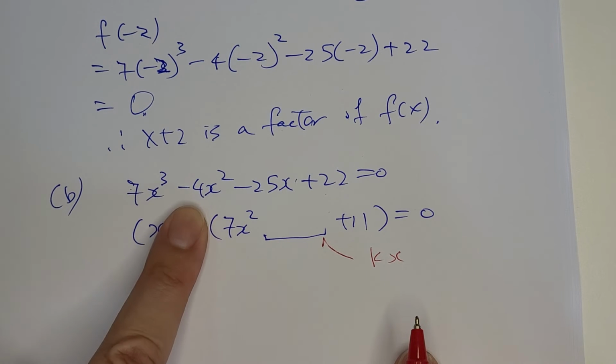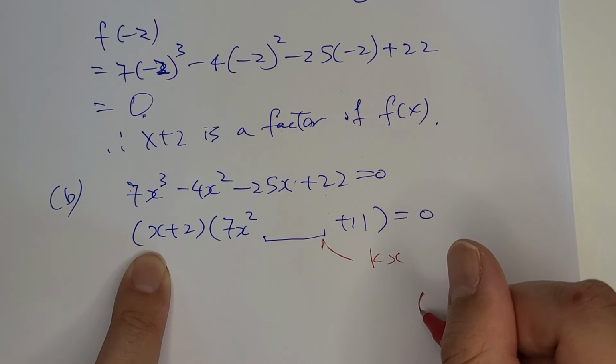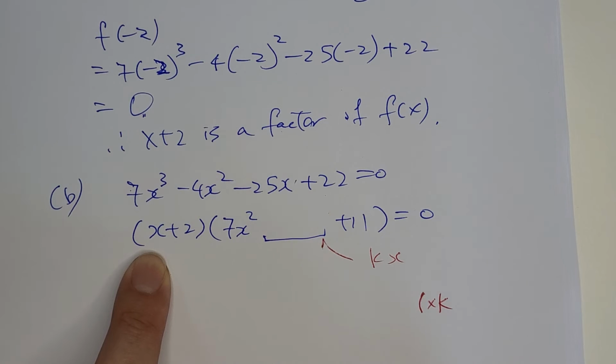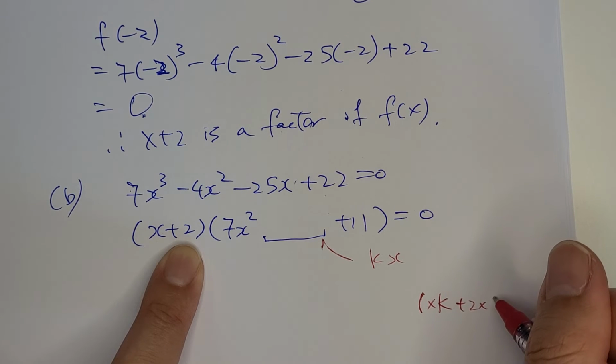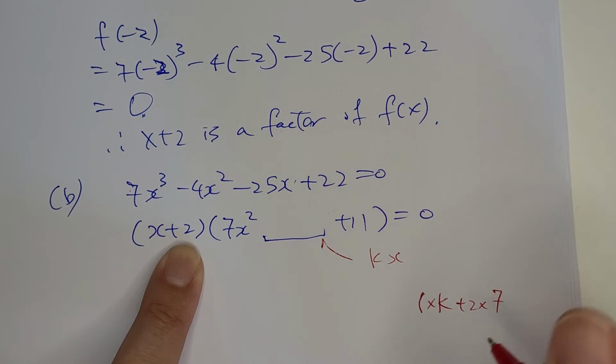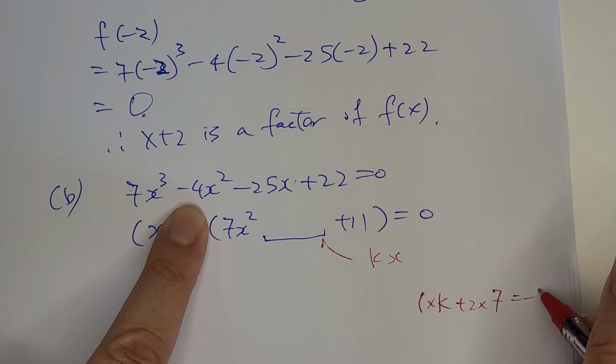When we consider the coefficient of x squared, how does it come? It comes from this x times k, so 1 times k, and also 2 times this 7x squared, so 2 times 7. The combination of these two will get negative 4.